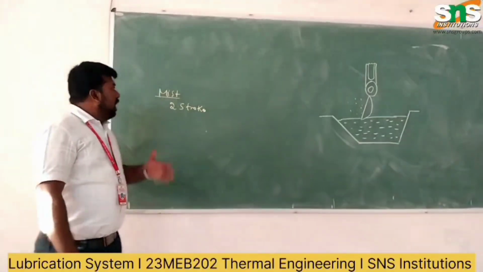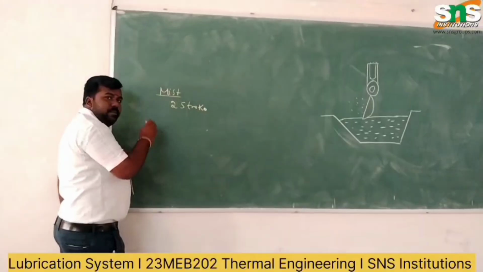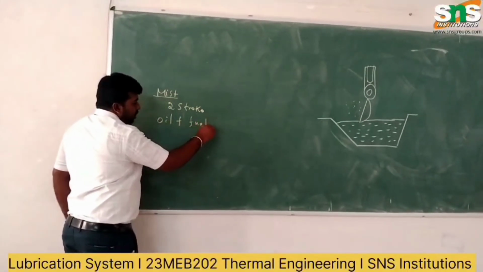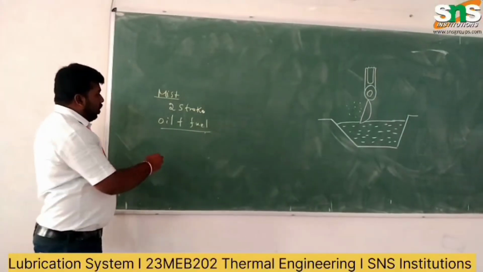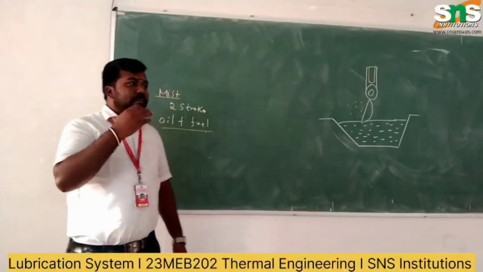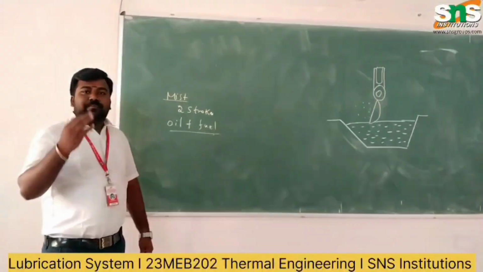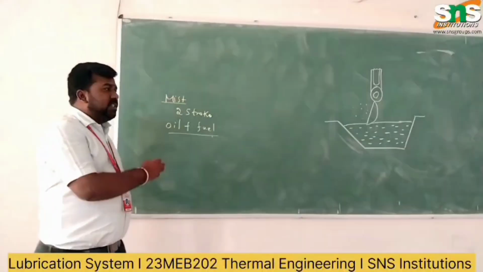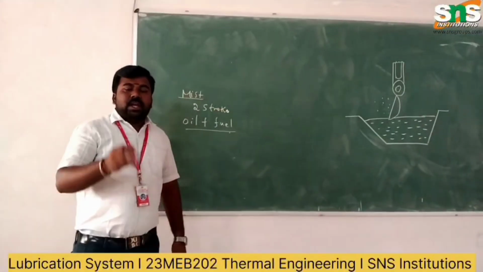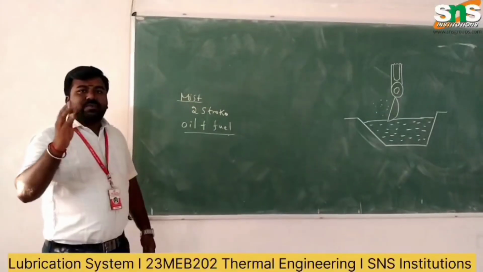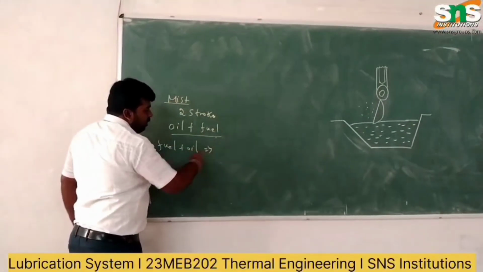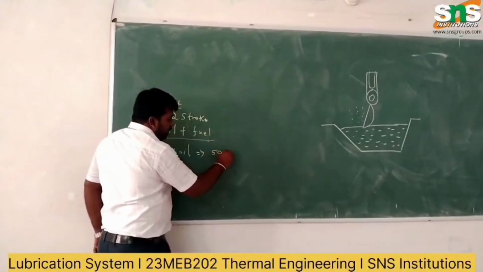In this system, the lubricating oil is mixed with the fuel in the fuel tank. The oil and fuel mixture is supplied by the carburetor. The petrol gets evaporated and the oil lubricates all the engine parts. For better performance of the engine, the oil and fuel ratio is very essential. The fuel to oil ratio for better performance is 50:1.